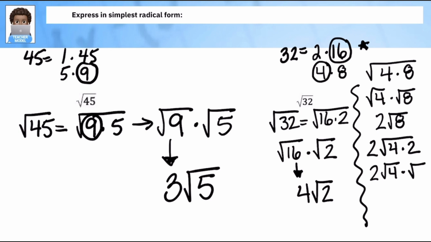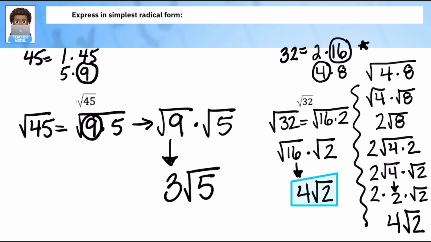And you end up with 2 times square root of 4, which is 2 times square root 2. So you still end up with 4 square root 2. All this extra work when you didn't need to. So let's make sure we always pick the biggest square number so that you're more efficient with your answer.